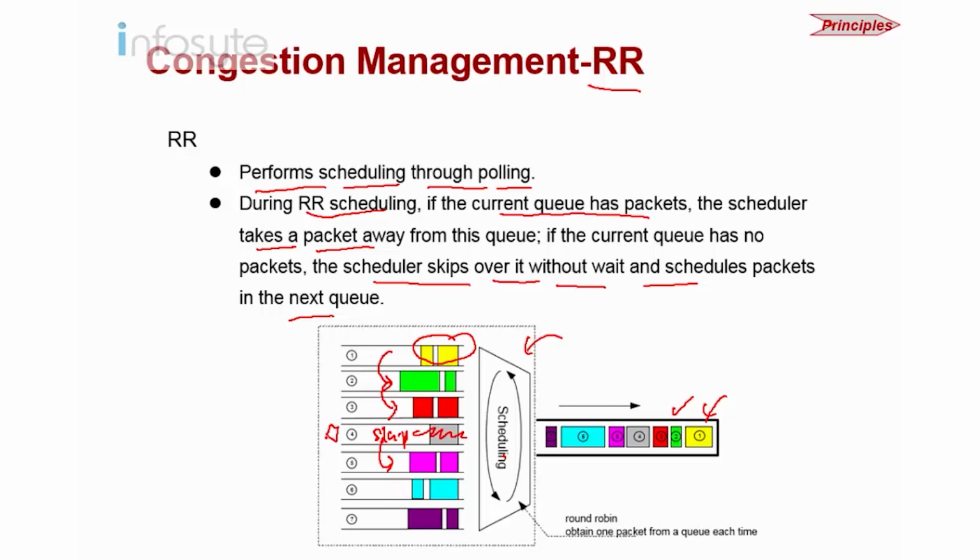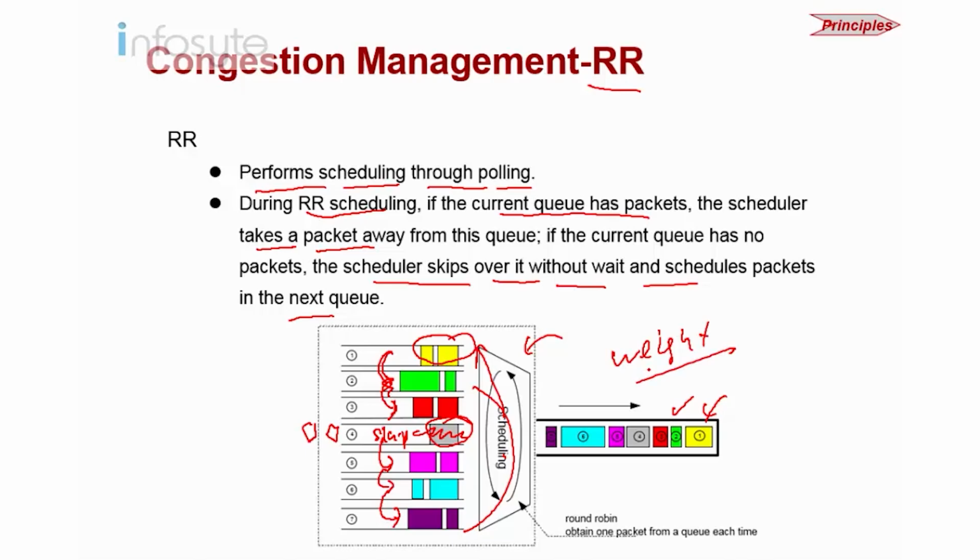Now later, if let's say they do have a packet coming in as a gray color in queue number 4, you have to wait. So I have to finish all my queues, go back into queue number 1, and then it takes turns. So which basically means that this particular queue has to wait on its turn.